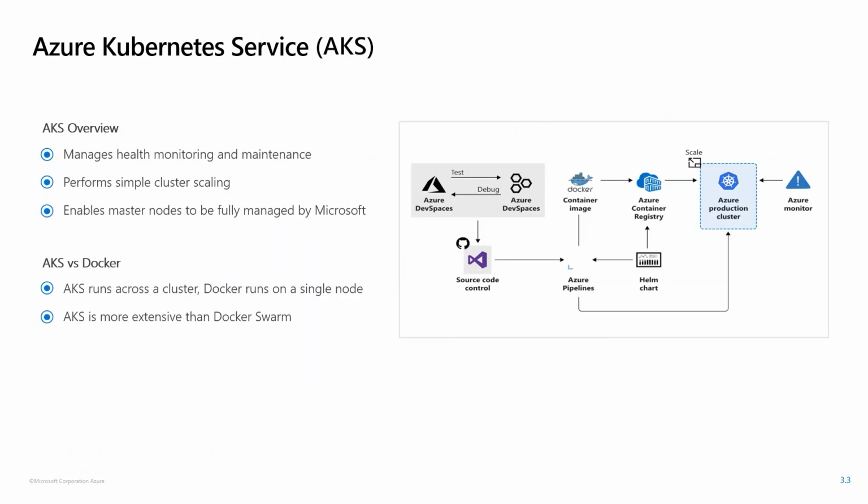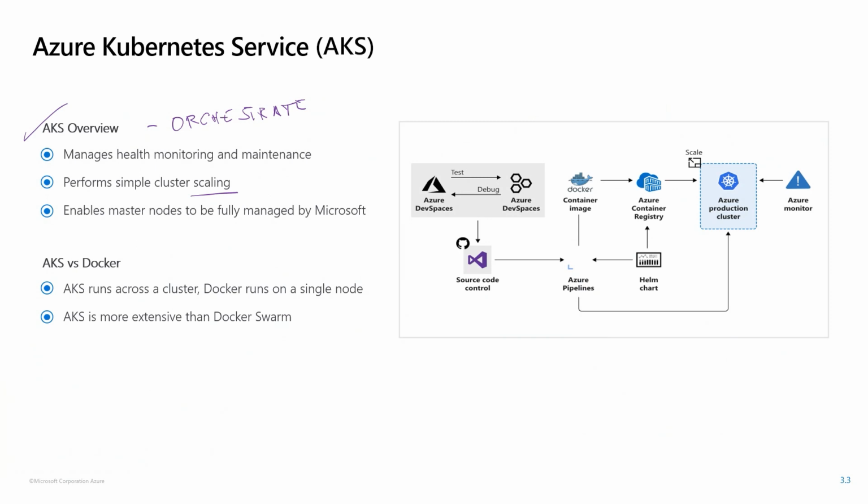Kubernetes, Azure Kubernetes Service, or AKS, is a wonderful way to manage orchestration. So there are some differences between these products, which require you to do a little reading, but AKS essentially allows you to scale, allows you to orchestrate your deployments.